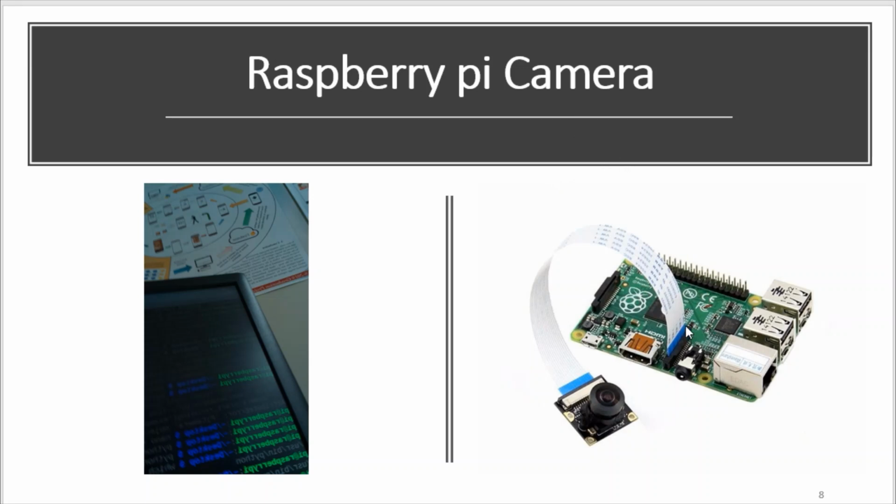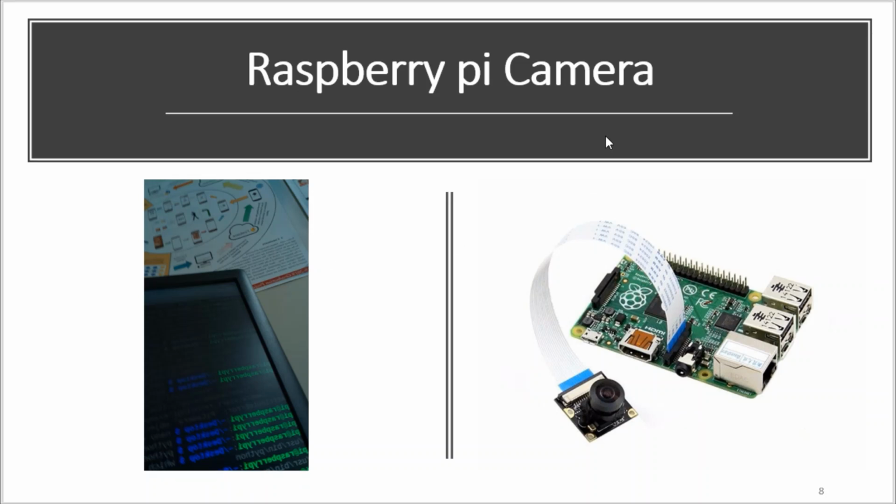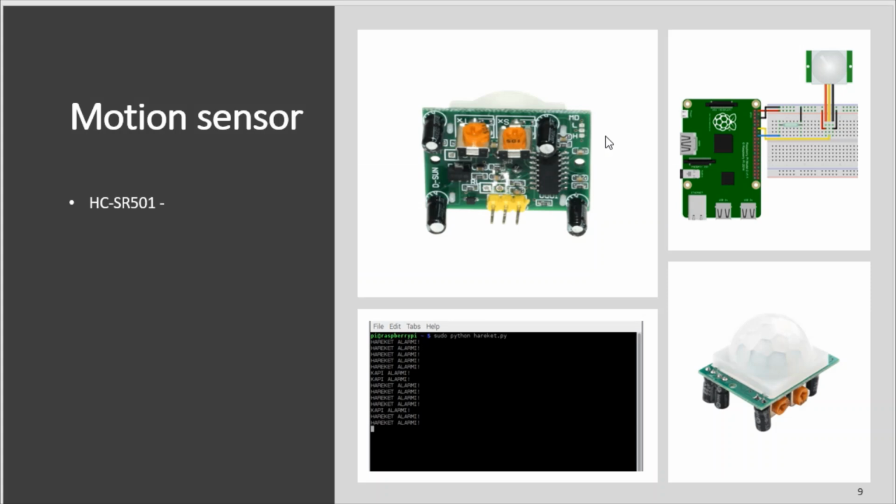Then I added the camera section here and I took a photo. This photo is from our software laboratory in our school. Then I used the motion sensor, which is HC-SR501.